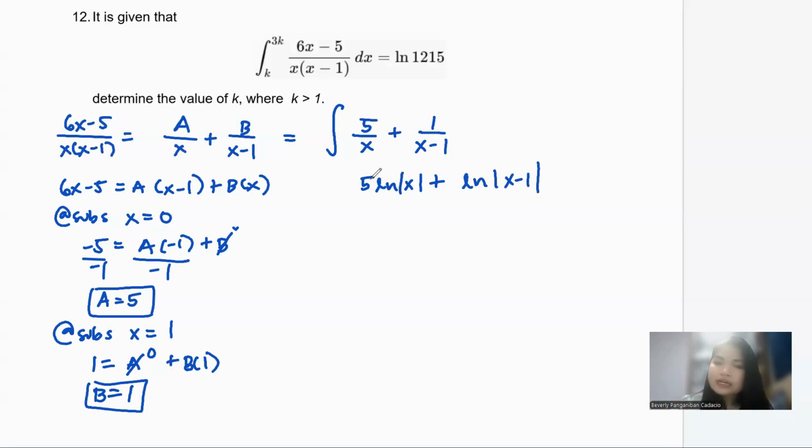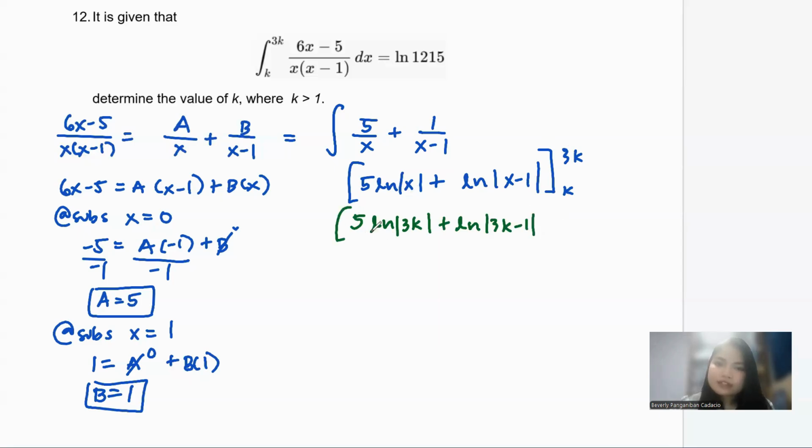Then we're going to substitute your limits, which is from k to 3k. Okay, let's do this. 5 ln 3k plus ln 3k minus 1. Get ready on this one.